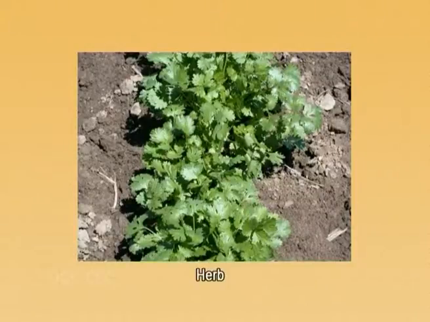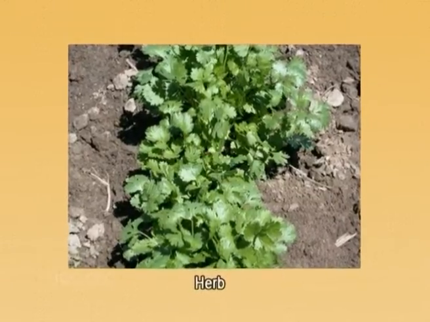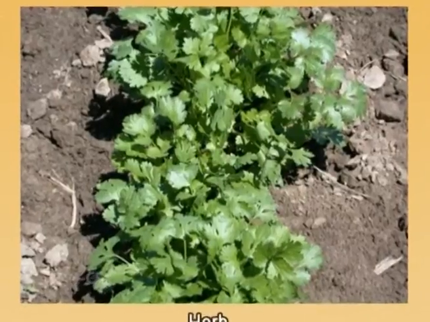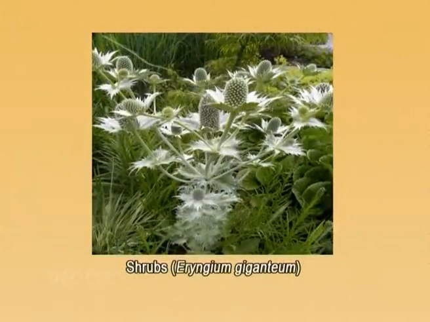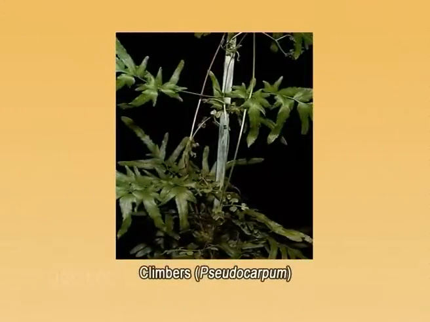The members of the family Apiaceae are either annual, biennial or perennial herbs, but mostly these are aromatic. Very rarely, the members can be shrubs. Example is Eryngium giganteum. Or we also see some of the members in the family Apiaceae having a climbing habit.